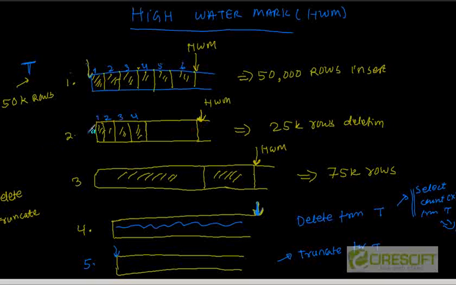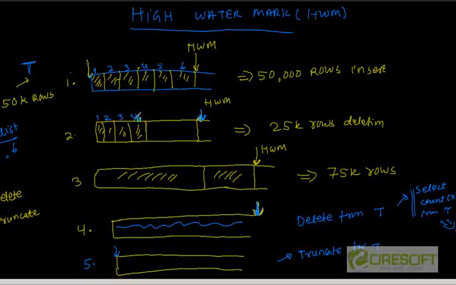In this case, after I delete 25,000 rows in step 3, my free list will contain block number 5 and block number 6, because those blocks are below the high water mark, and they are empty, so we can insert rows into them.